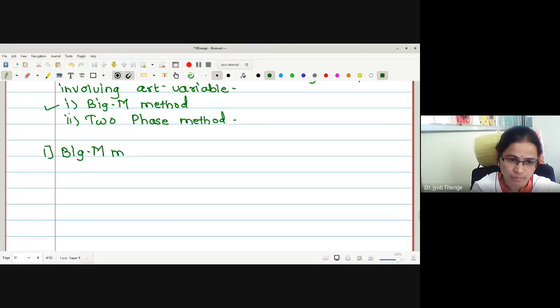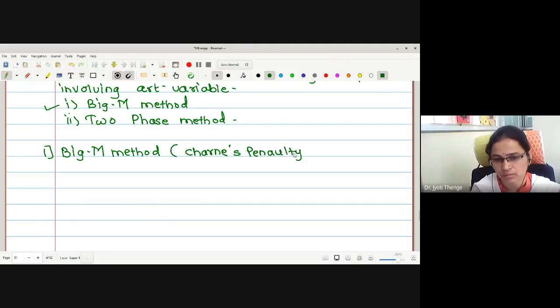Big M method, also called Charnes penalty method.